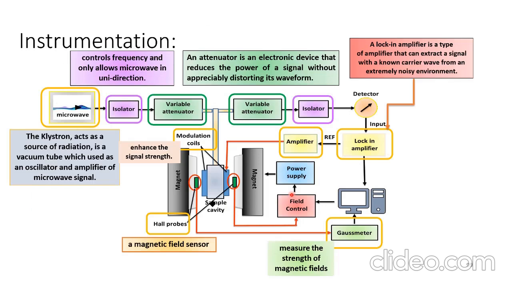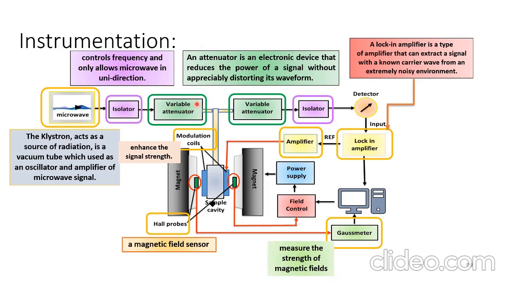Then the instrumentation: we have a microwave source and an isolator. This isolator controls the frequency and allows microwave in only one direction, so only a unidirectional wave goes into the instrument.